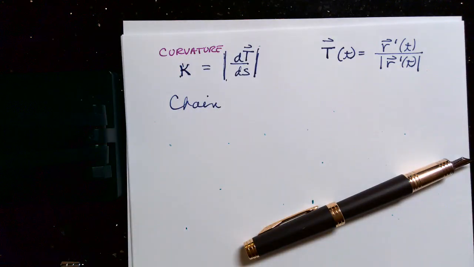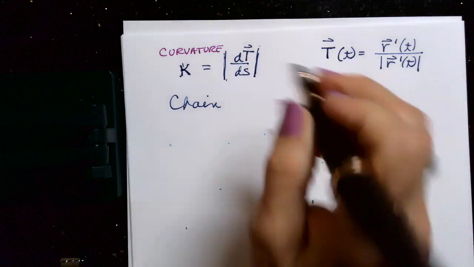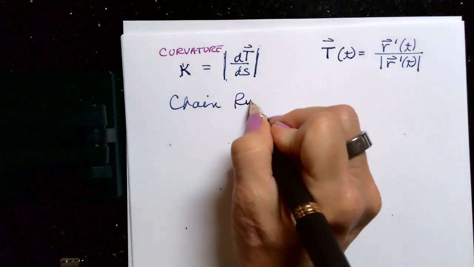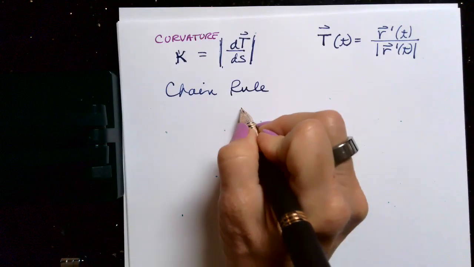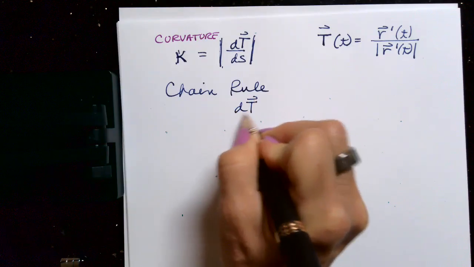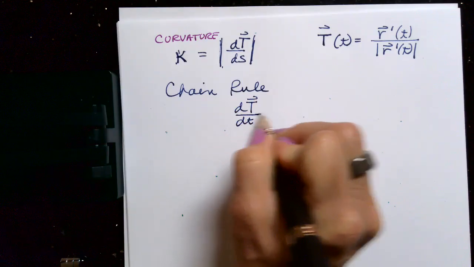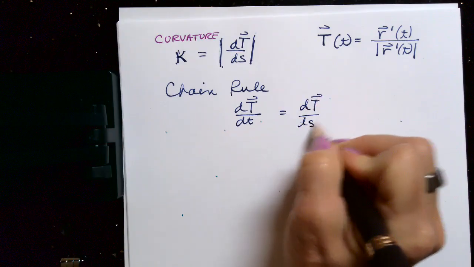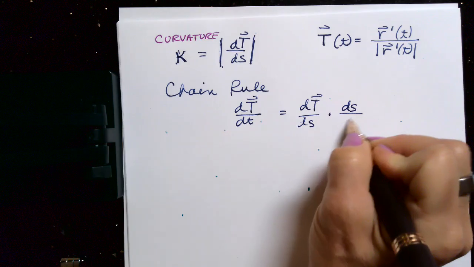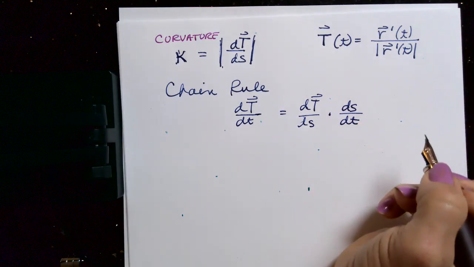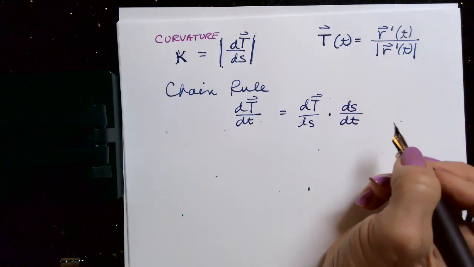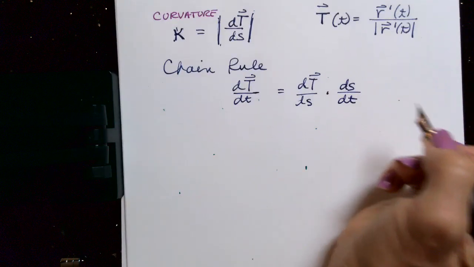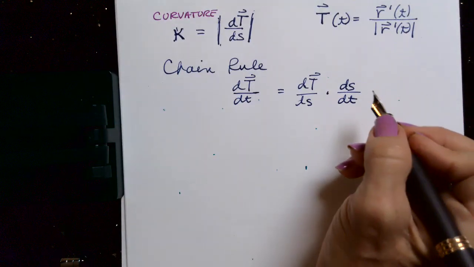Okay. All right, so by the chain rule, we know that dT/dt is dT/ds times ds/dt. That's just the chain rule from ordinary calculus.